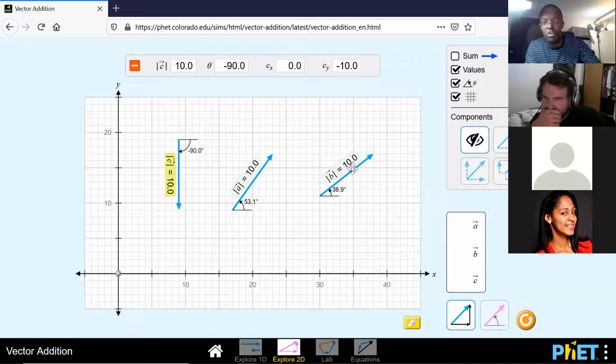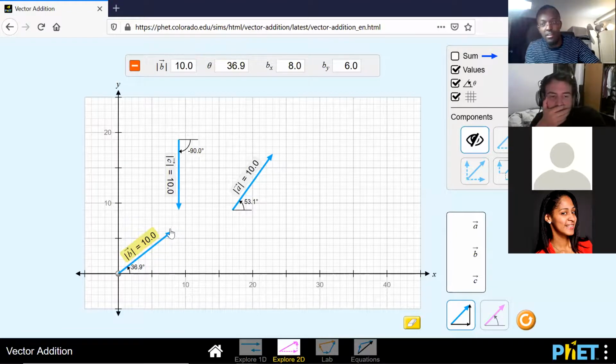To know, you translate it until its tail touches the origin. And then you see that its arrowhead is in the first quadrant. Remember, this is the first quadrant, this is the second, this is the third, this is the fourth. You have to count going counterclockwise, starting with the positive x-axis.